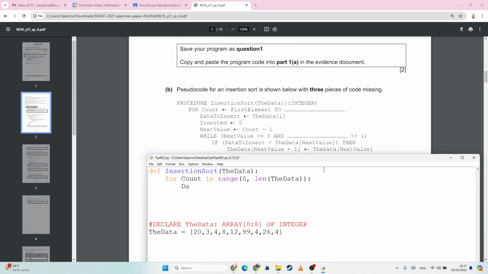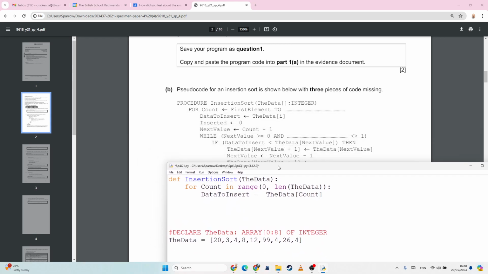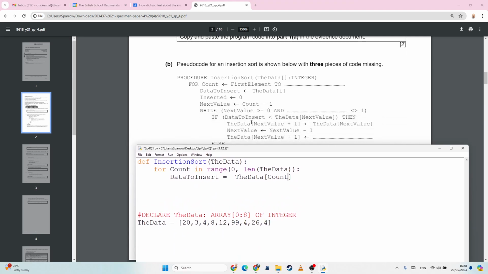And then I'm going to say data to insert equals the data. Now they've said I, but I'm pretty sure that's a mistake in the code. I think that should say count. I'm just going to try it with count. I'm very wary about saying that the exams are wrong, but pretty sure the exam's wrong in this one. Anyway, good.